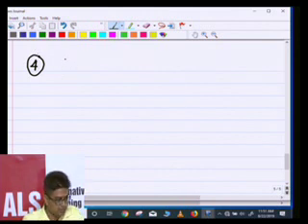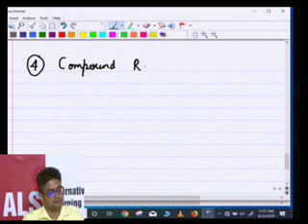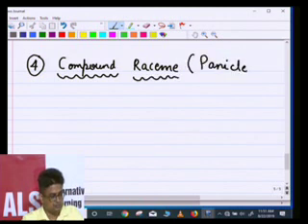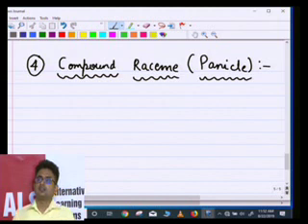Simple raceme branching is called compound raceme. Compound raceme is also called panicle.